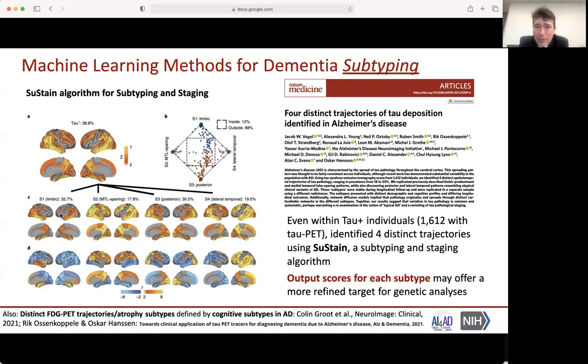And so they found that even within tau PET, you could not only identify different patterns of progression, but also assign a score to each patient for each subtype to help us understand what type of disease processes were going on, and also to stratify information if we wanted to go ahead and do a treatment study or a genetic study in these more biologically precise categories.